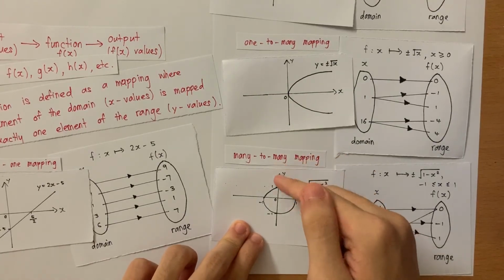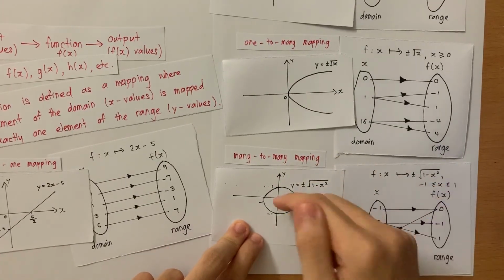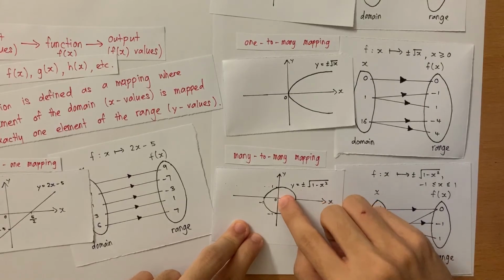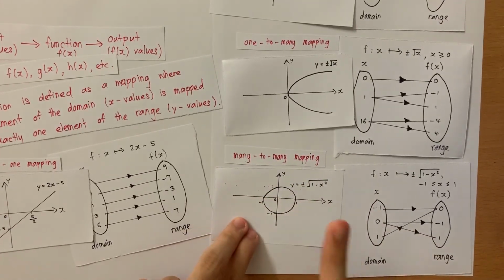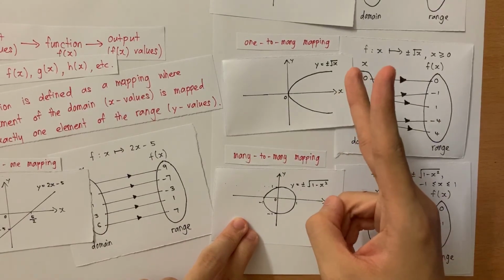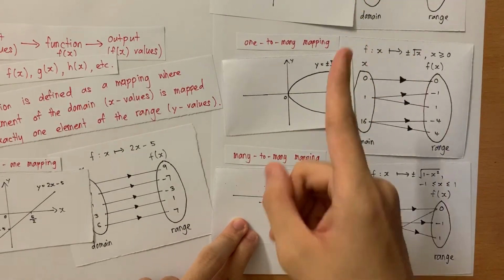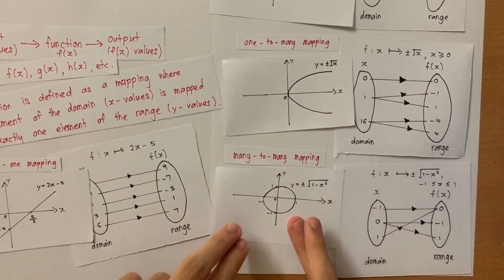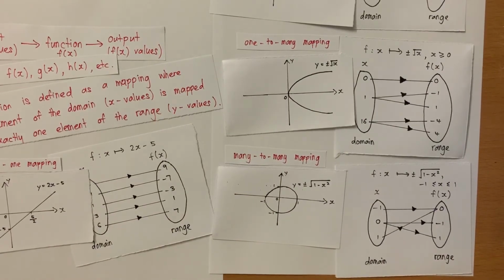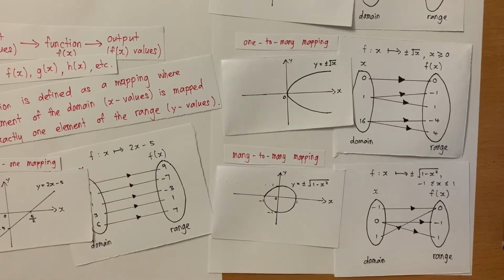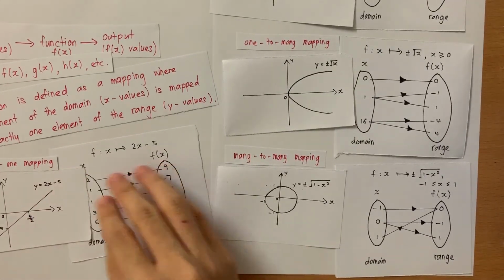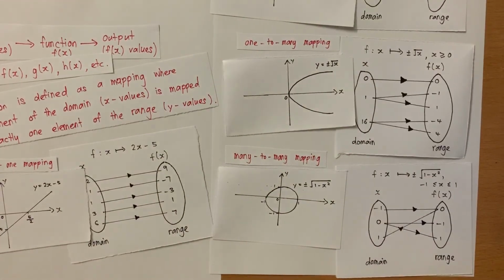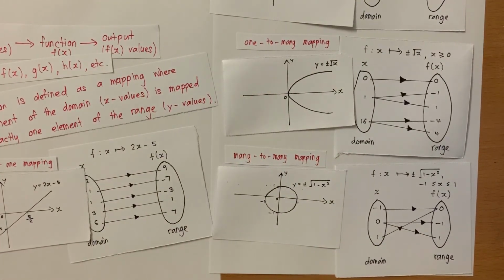So let's say y equals 0 can lead to x equal to negative 1 and x equal to 1. So one y value can lead to two x values, and one x value can lead to two y values. So that is basically the concept of many-to-many mapping. One-to-many mapping and many-to-many mapping are not functions. Only one-to-one mapping and many-to-one mapping are defined as functions.